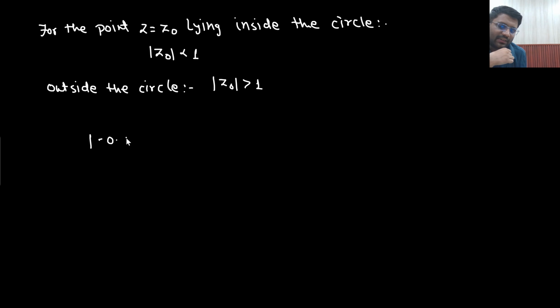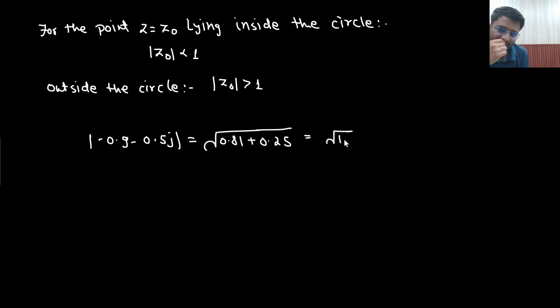This process we have already seen with the complete explanation. So what is the magnitude you will be getting? The magnitude that I will be getting is 0.9 whole square, that is 0.81, plus 0.25, that would be 1.06, which is surely greater than 1.